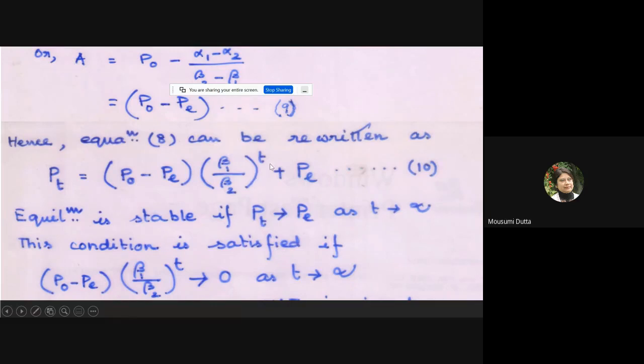What I am telling is that when you are getting up and down, up and down, over time these prices are moving very close towards the equilibrium price PE. So in that case, your equilibrium is dynamically stable. Oscillations are there, however, they are dynamically stable. So together the two conditions give damped oscillations.